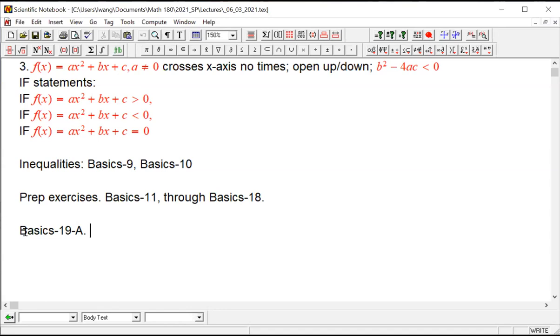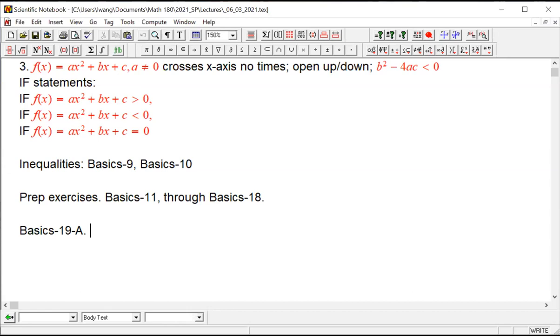This is a group of exercises to determine domain and range. I'm sorry, just to determine domain. Many of these exercises are actually from your calculus textbook, so we've been there and you should know how to decide.